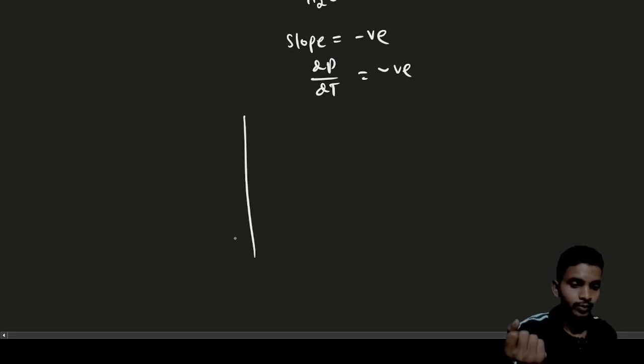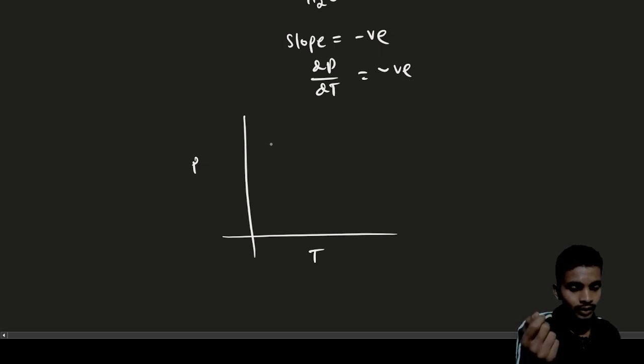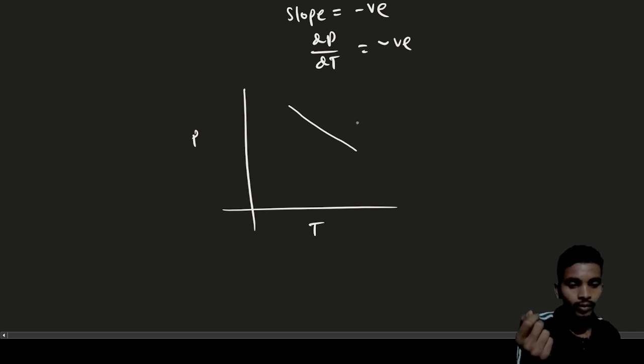If you plot pressure against temperature, dp by dt is negative, meaning the negative slope is like this. Let me draw the picture.